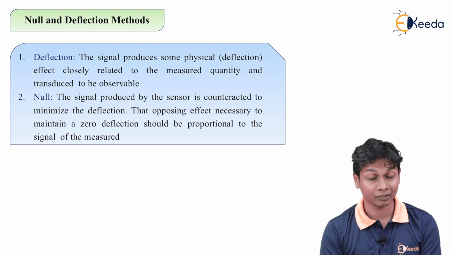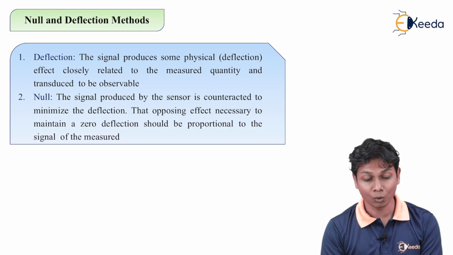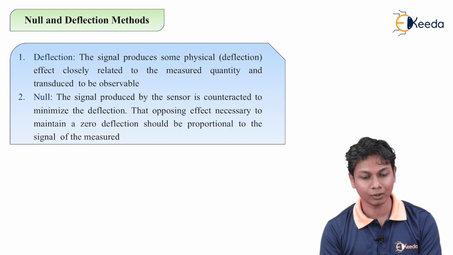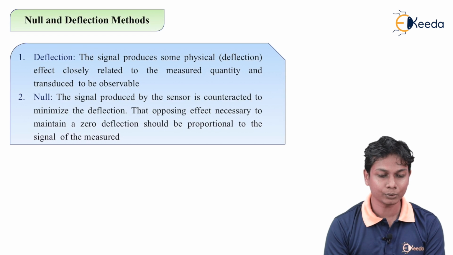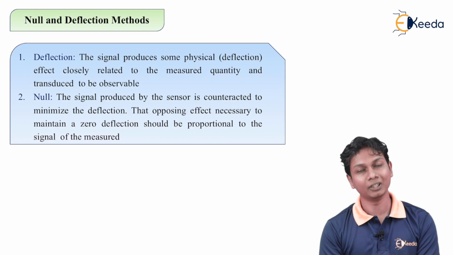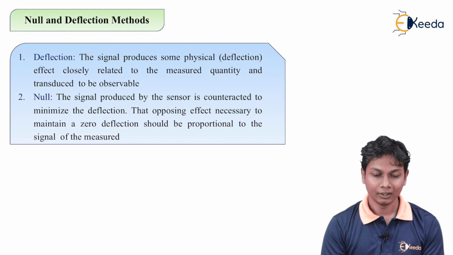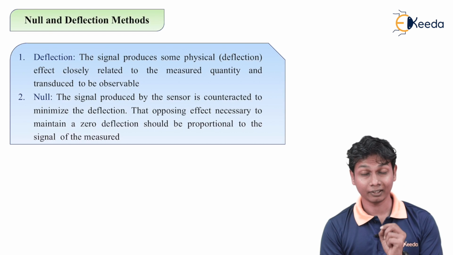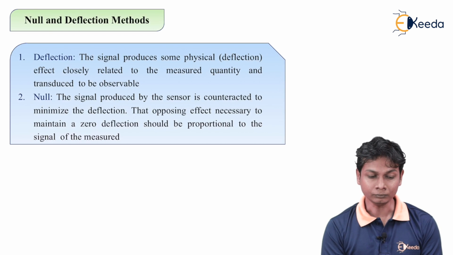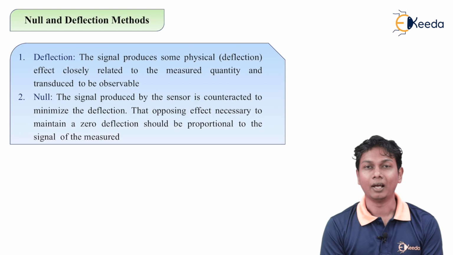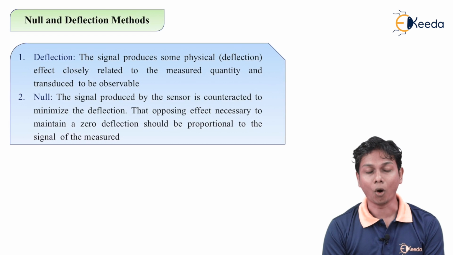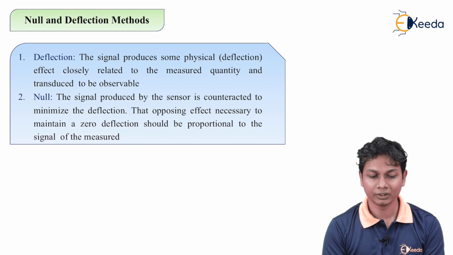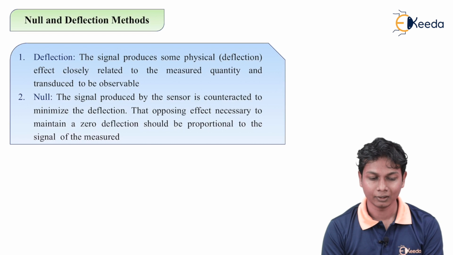It can be a deflection when the effect is closely related to the measured quantity and transduced to be observable. Means what? The physical quantity has an effect closely related to the measurable quantity, and that has to be observable. So this is the deflection method.